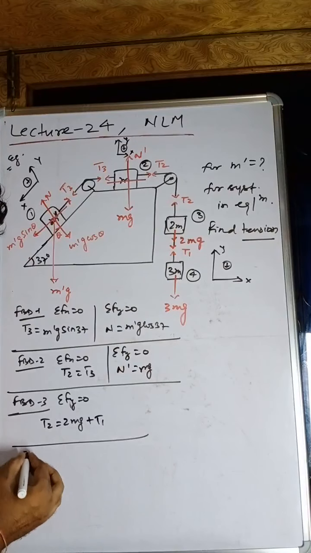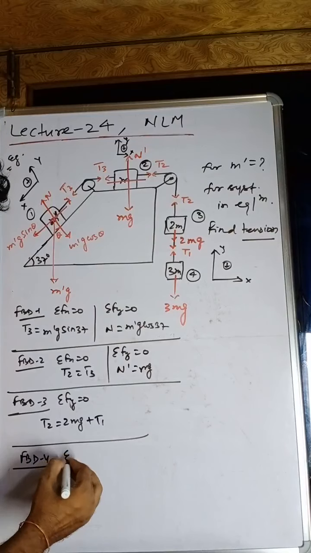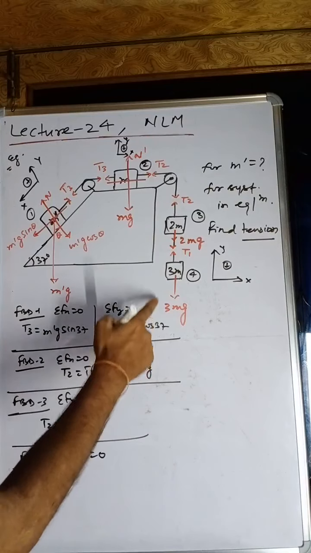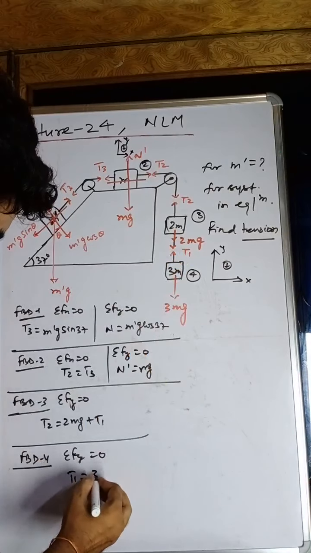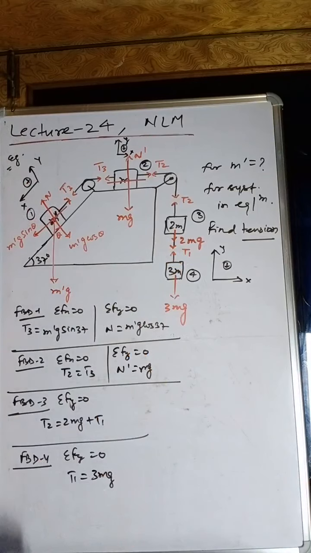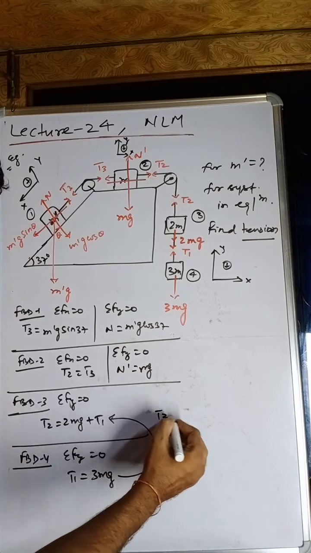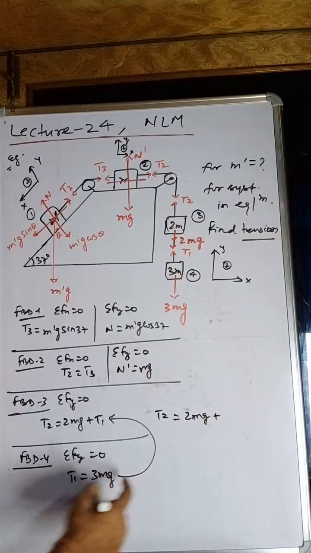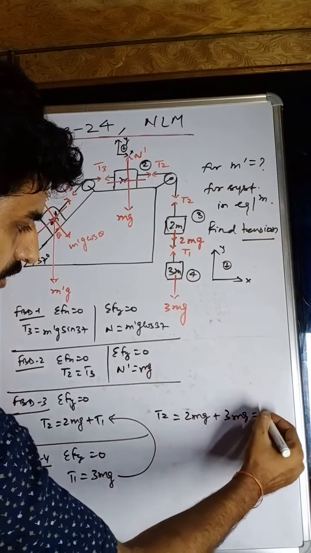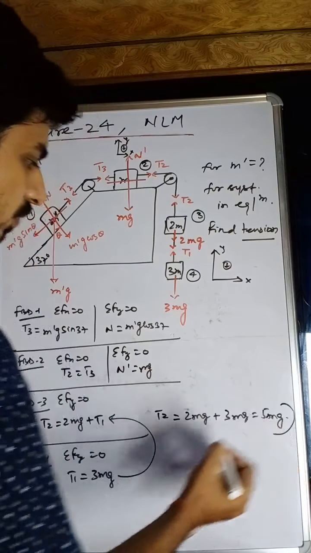And FBD 4, you can write again sigma Fy equals 0, and here T1 is balanced by thrice mg. Now you can put the value of T1 in this equation, and you will get T2 is equal to twice mg plus T1, which is thrice mg, altogether 5 times mg. Okay, we got one value.